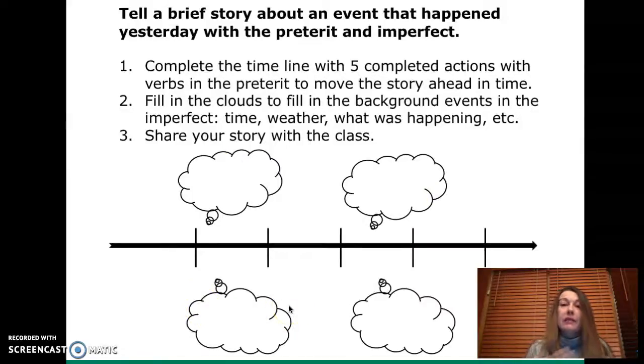Set the scene, set the stage, because that is really what imperfect does, right? And so anything that we would think of as background, anything that's not moving the storyline along, those are going to be your imperfect actions, okay? All the actions that occur, right, to move the story along, think back to that. He entered, right? Let's say he entered the store, he bought a gift, he left the store, okay?